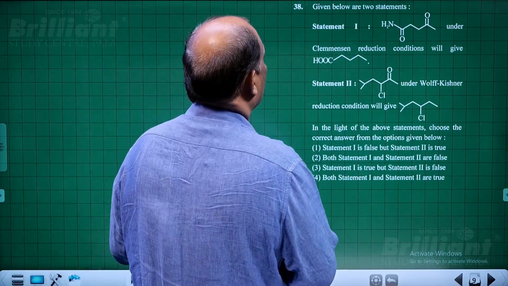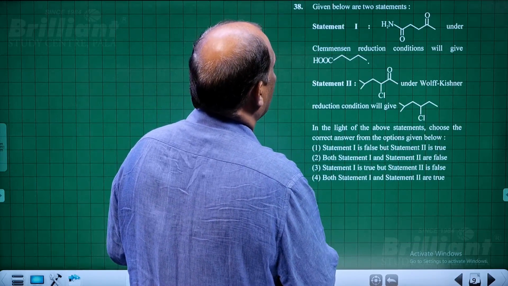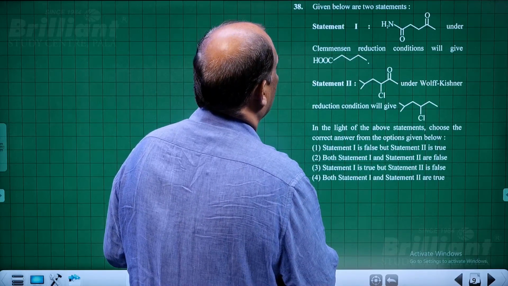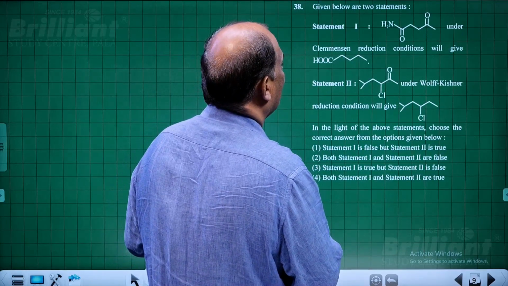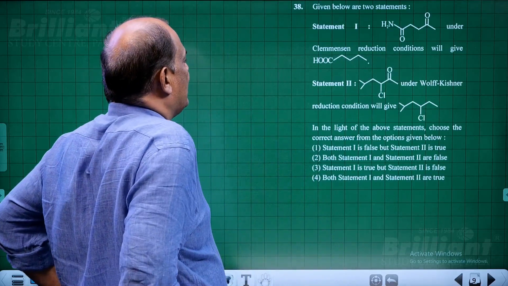The given two statements. Statement 1: the amide 1, 2, 3, 4, 4-oxo pentanamide, under Clemmensen reduction conditions will give this.